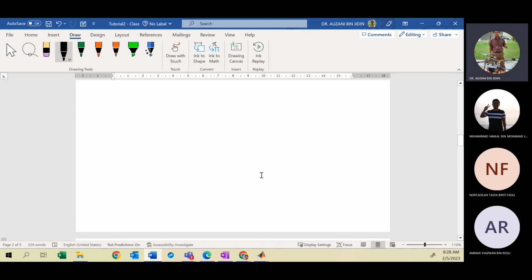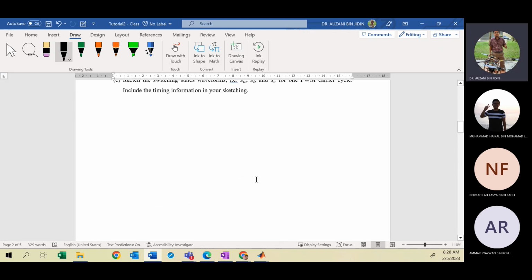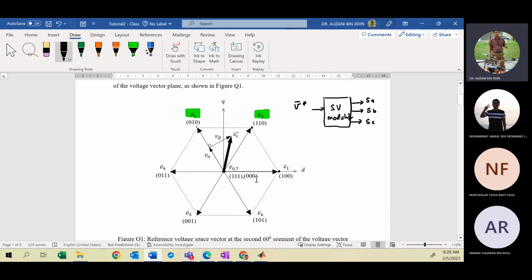For this case, since your vector is located in sector number 2, what is the first adjacent vector to be selected? Is it V3 or V2? Remember, we have discussed this before. At the beginning of the sampling period, the first vector to be chosen is the zero vector, 0, 0, 0.